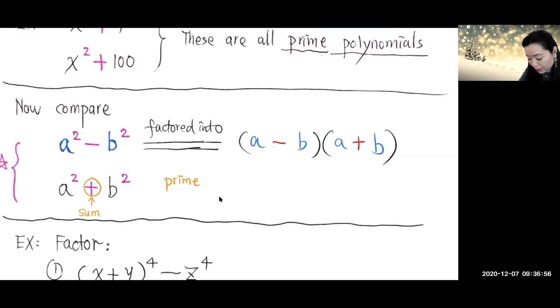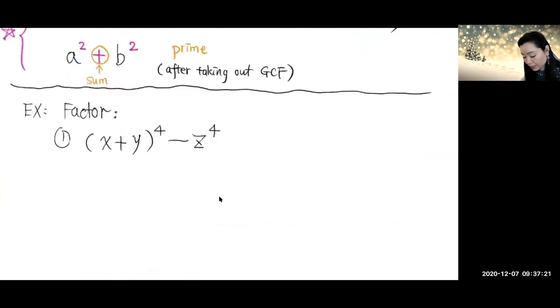So remember that it is a prime polynomial. Of course, it's after we take our greatest common factor. So first you take the greatest common factor of the two. If there's no greatest common factor, then it is a prime polynomial.